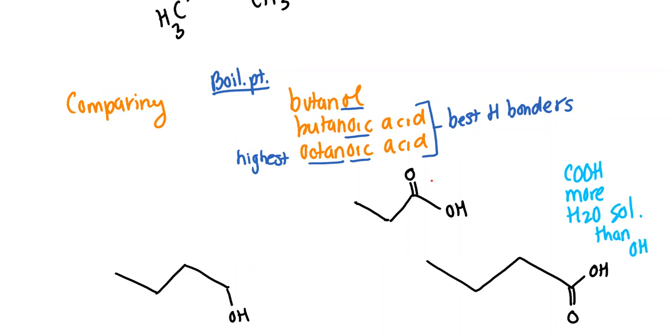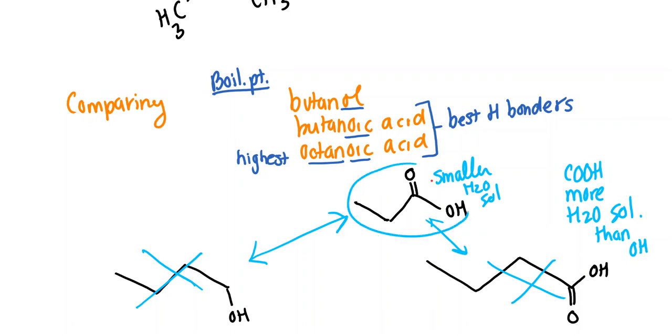So of these two, the acid is more water soluble, so I'm just going to cross that one out. And then if we compare these two, the smaller is more water soluble, because remember with, and not this one, so of the three, this one's the most water soluble.